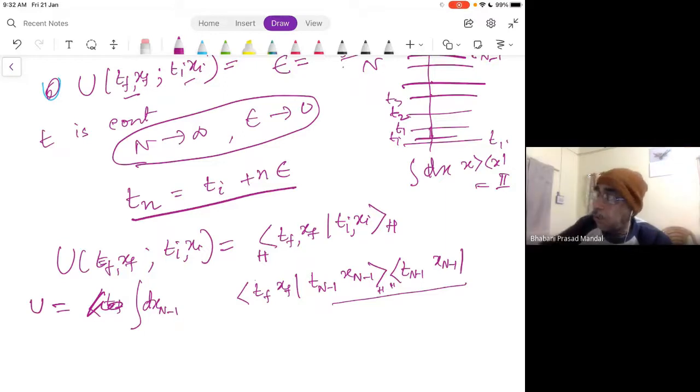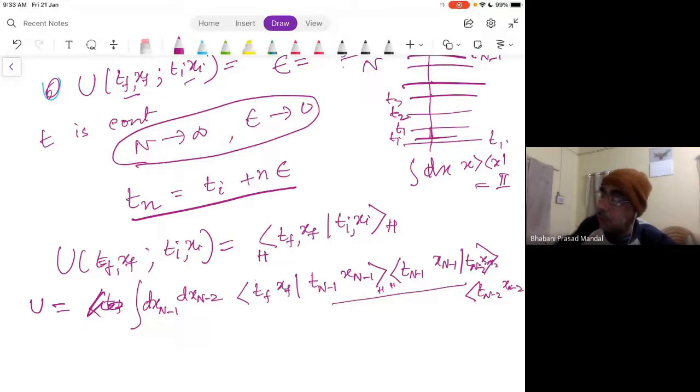Dot dot dot, because now I can put another dx n minus 2, and here Tn minus 2 xn minus 2 times Tn minus 2 xn minus 2, another inner product, another integration.